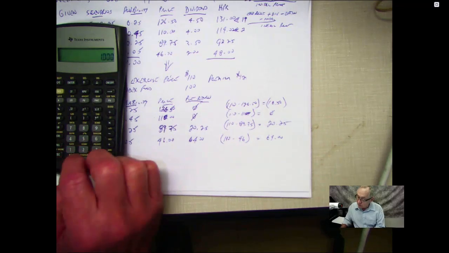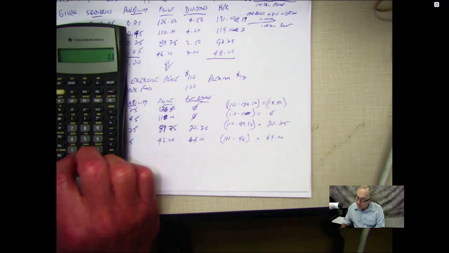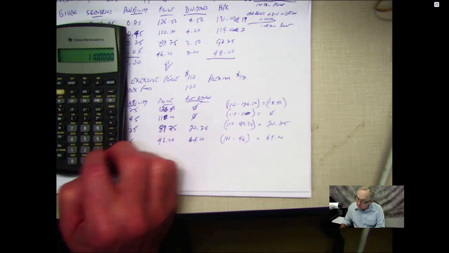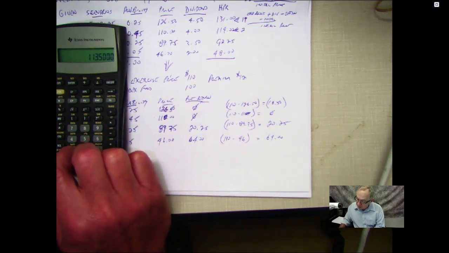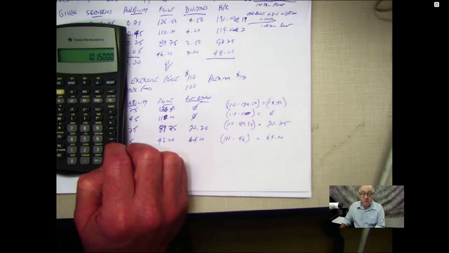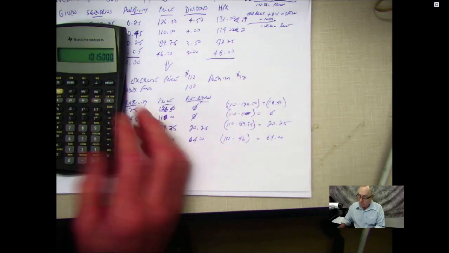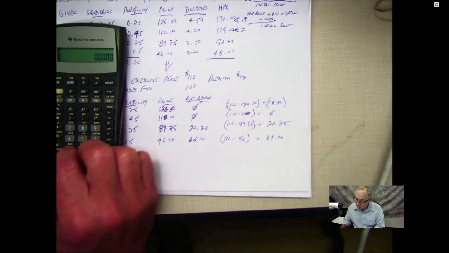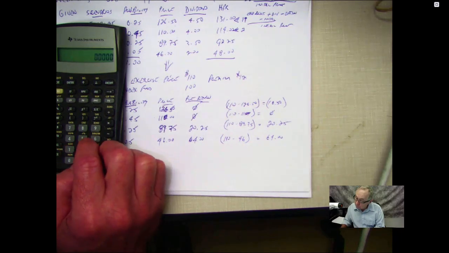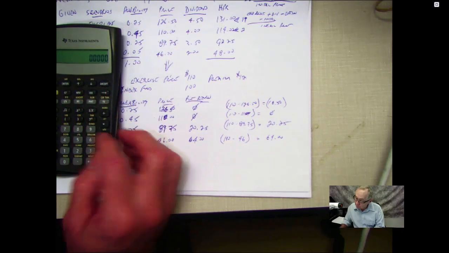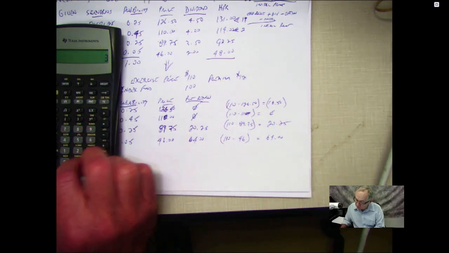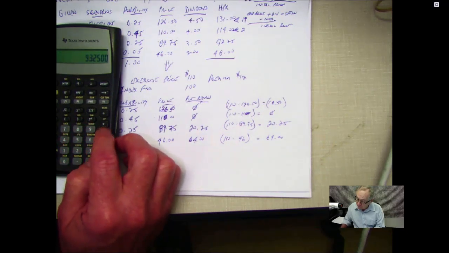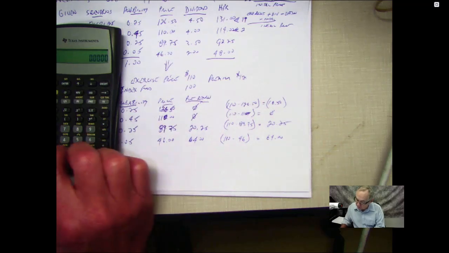So ending price of 110, plus 3.50 dividend, minus $12 for the option cost, minus 100.